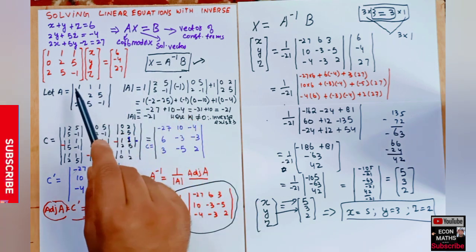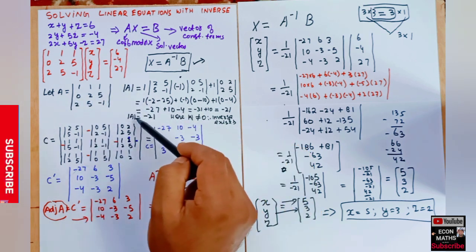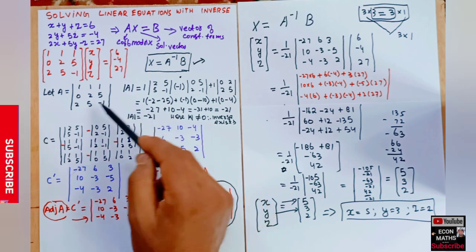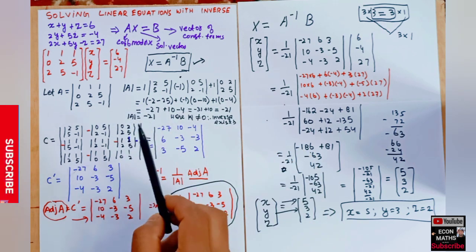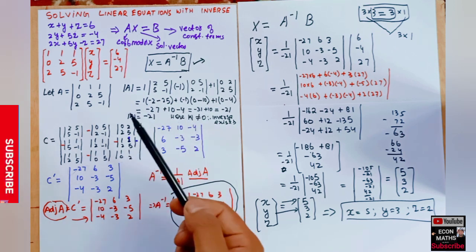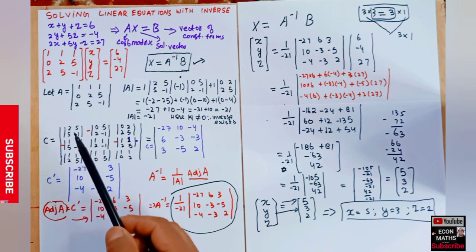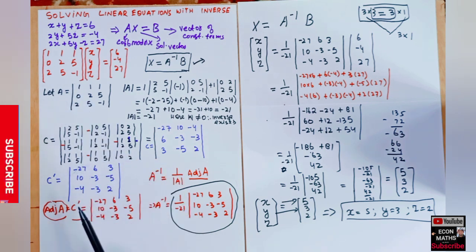This is a square matrix, and determinant should not be equal to 0. Here the determinant is minus 21, which we have calculated. So inverse exists. Now after making sure that the inverse exists, we can actually go for finding the inverse. Now if this is a matrix, ordinal matrix, we have to form a cofactor matrix.